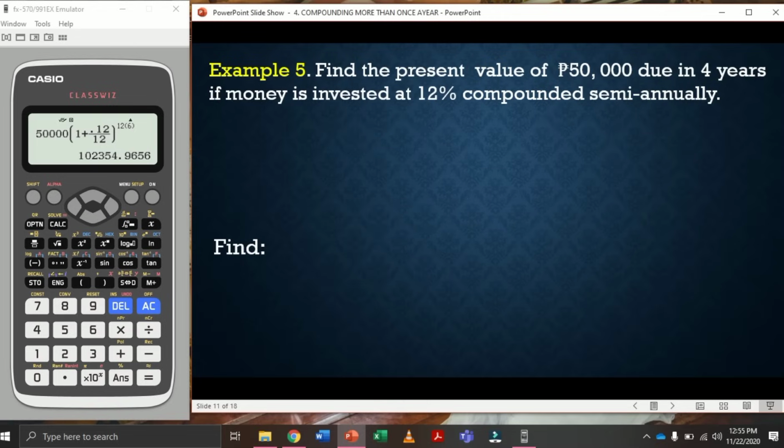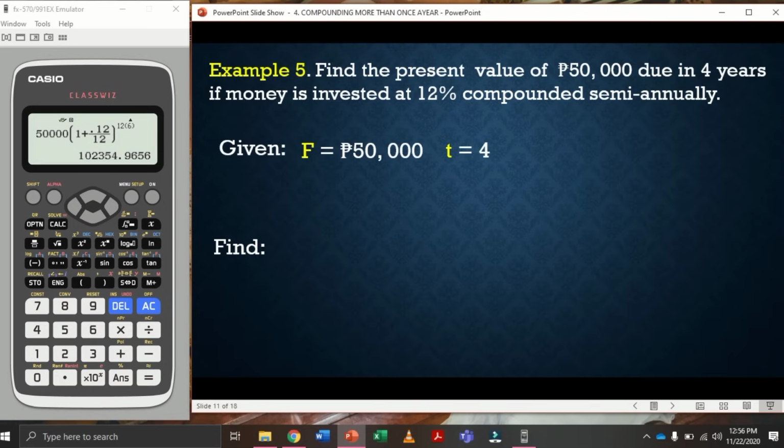Okay, so for example, find the present value of 50,000 due in 4 years if money is invested at 12% compounded semi-annually. Since ang hinahanap dito ay present value, so ano yung ang given dito? Yung 50,000, that is the future value.